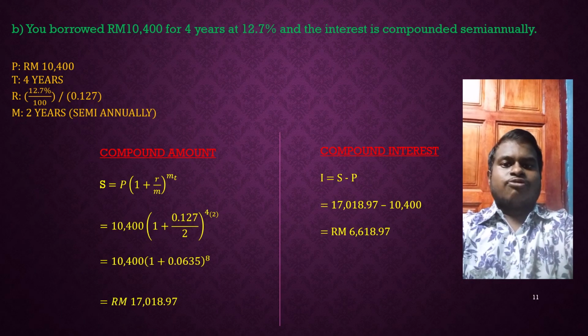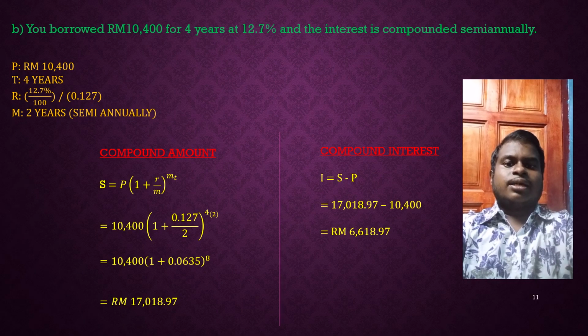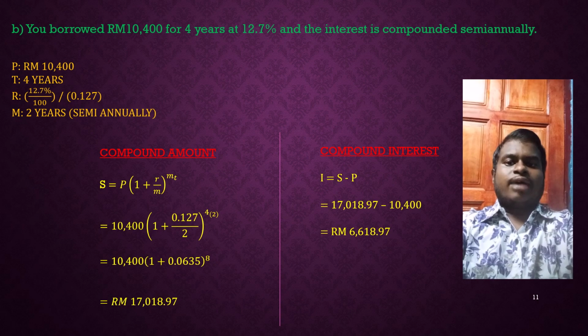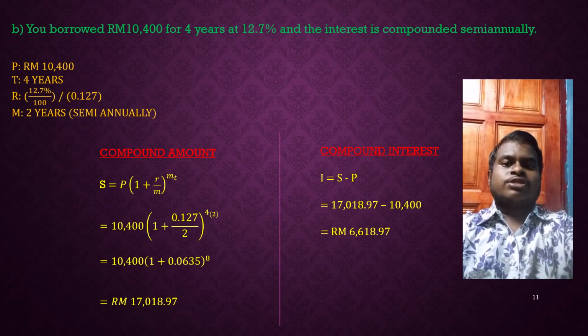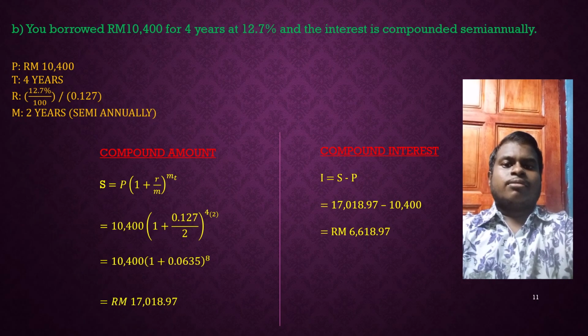We use the formula S equals P(1 plus R per m)^(mT), where m equals 2 for semi-annual compounding. Plugging in the values, S equals 10,400(1 plus 0.127 over 2)^8. Breaking it down, 0.127 over 2 equals 0.0635.